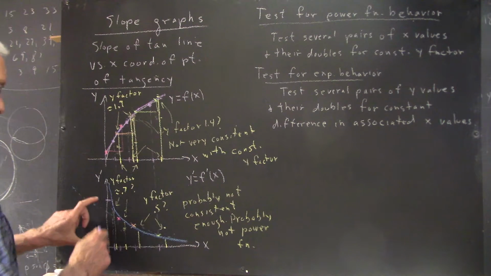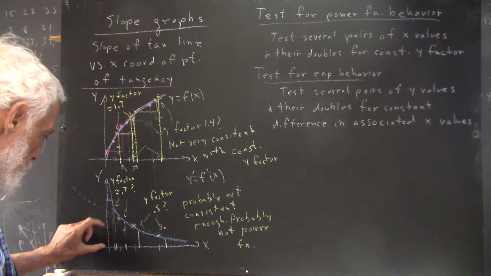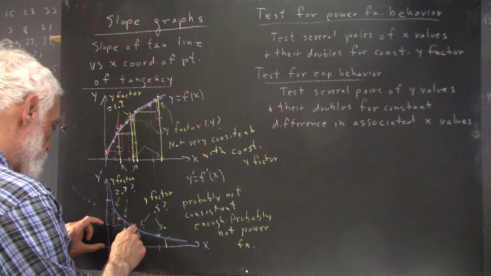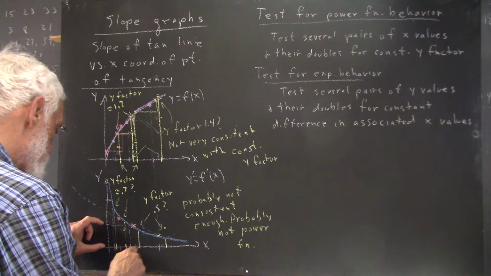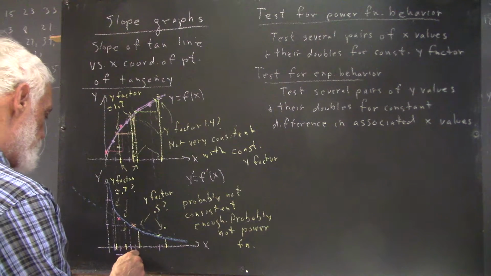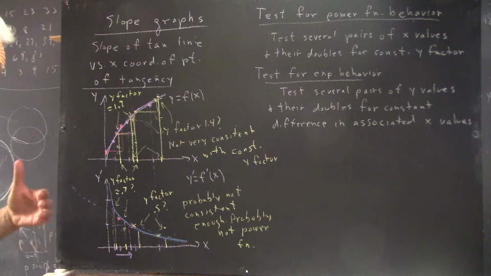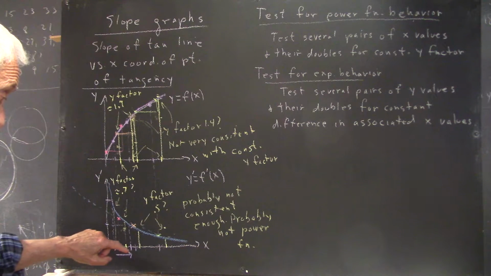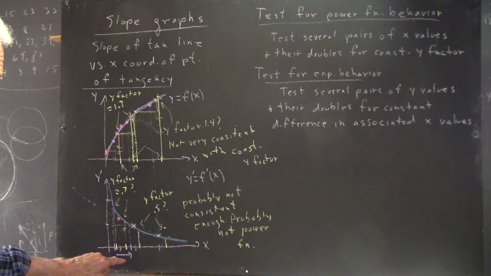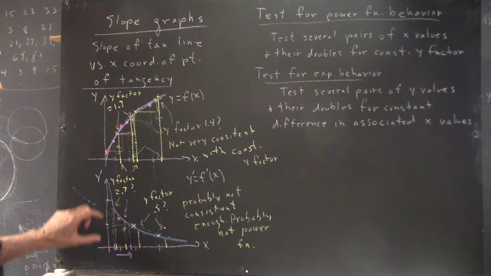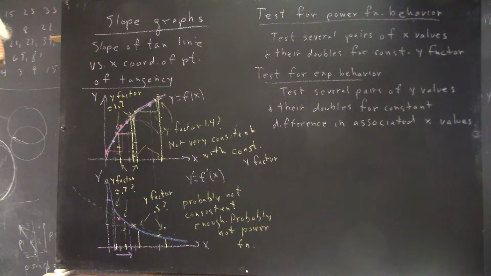Okay, now we cut that y value in half, we get down to about here, and my associated x value is about here. So the doubling displacement, if we have a consistent doubling displacement between here and here, is the difference between these x values that correspond to having two y values.